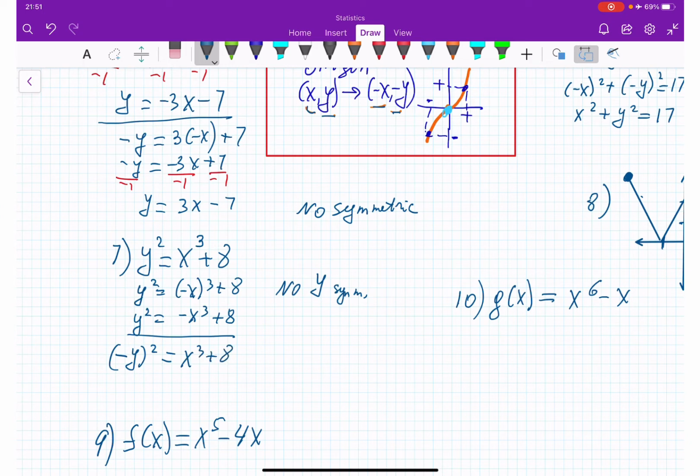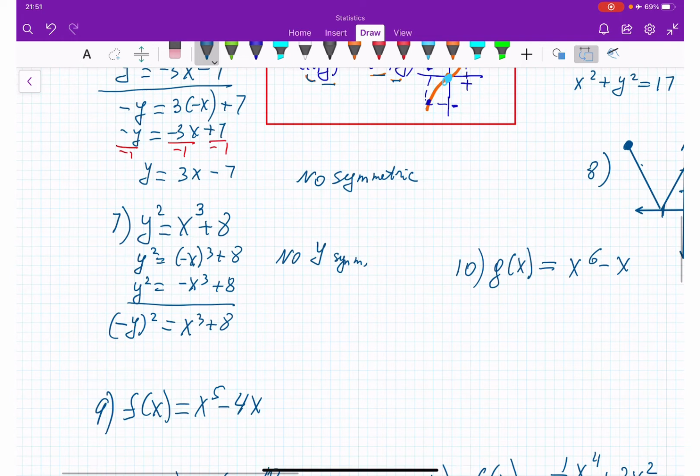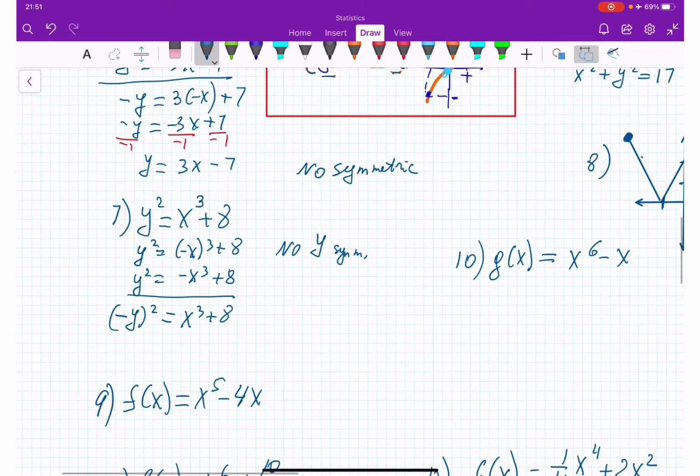As you can guess, it's going to be x symmetry because y is squared. We will get y squared is equal to x cubed plus 8, which is bingo. We are getting the original equation, graph of original equation, which means we have x symmetry.